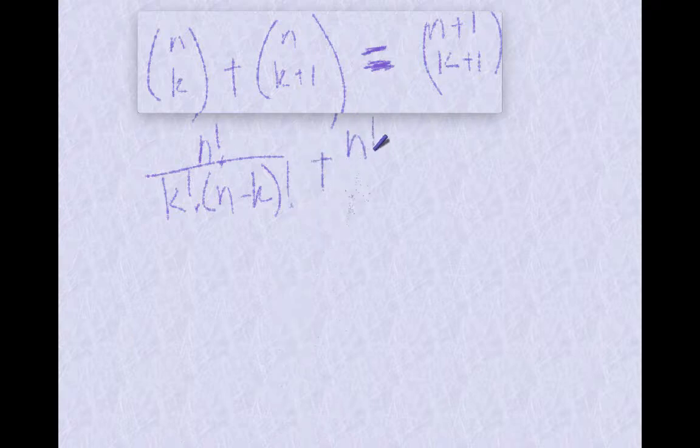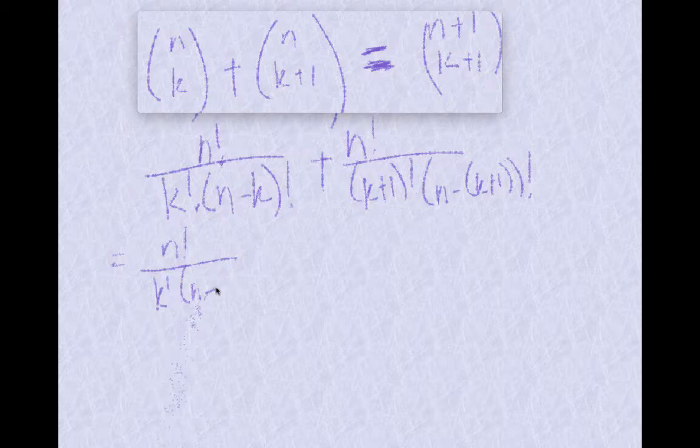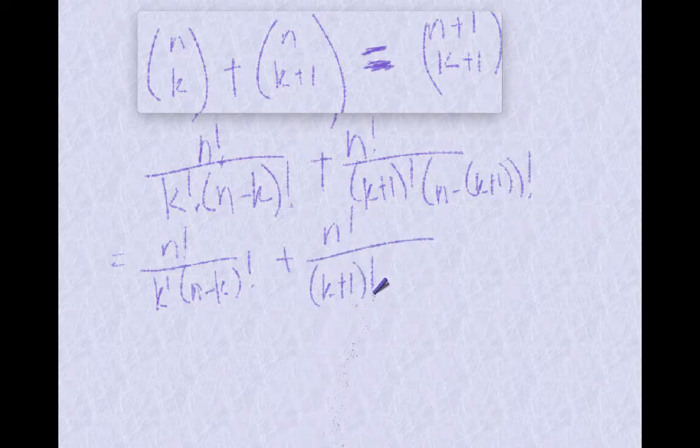So then over here, I still have n factorial, but now I have k plus 1 factorial and n minus k plus 1 factorial, which is n minus k minus 1 factorial. Okay, so that's these expanded, so that's distributing that minus sign.